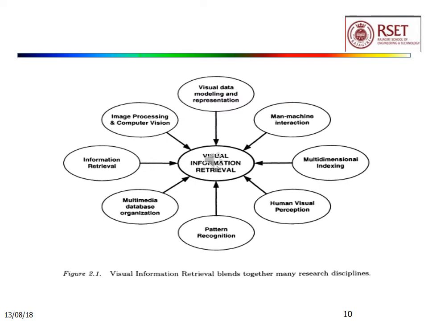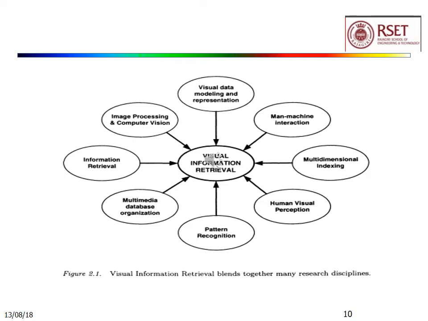Next are some of the applications of CBIVR in various fields. The first one is image processing and computer vision. As I already mentioned, in shopping websites or pattern recognition, if we have one fingerprint image and need to identify a similar fingerprint image from a criminal dataset, we can use CBIVR.